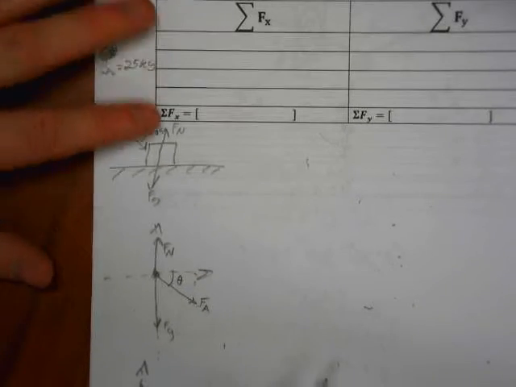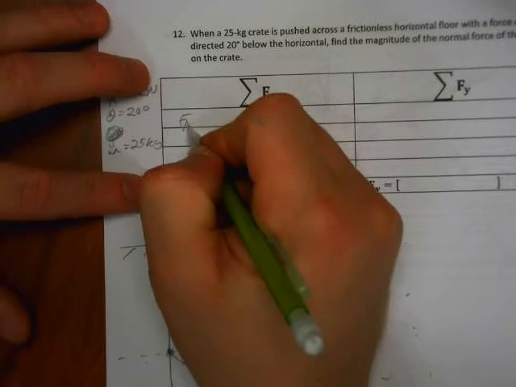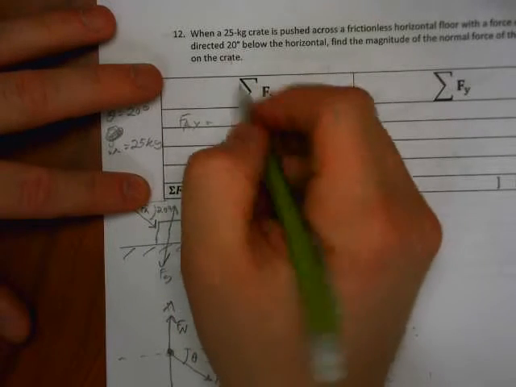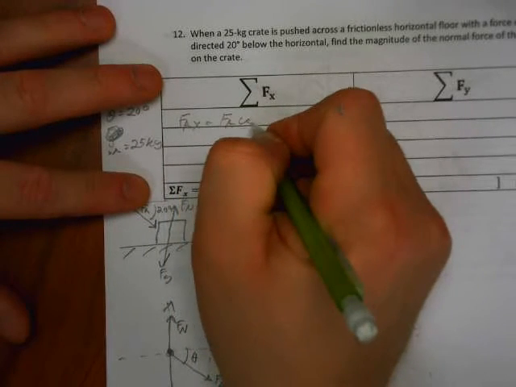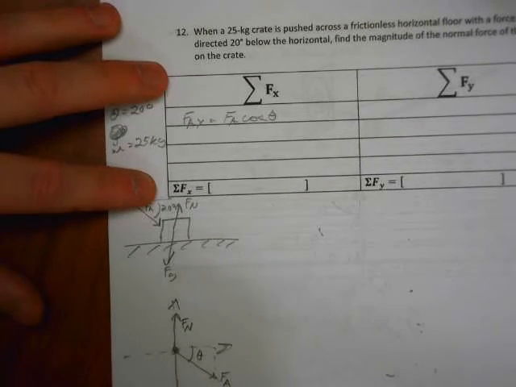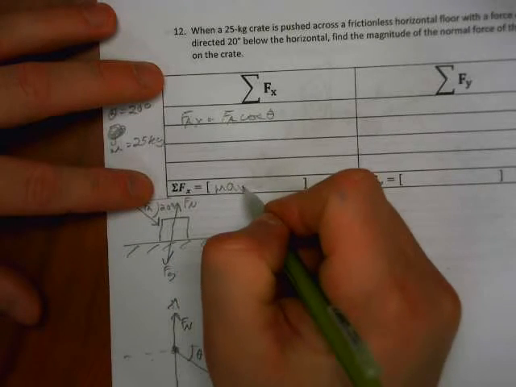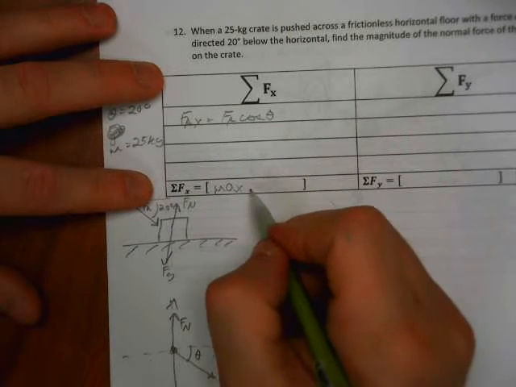So let me list my forces. In the x direction, all I have is Fax. And the sum of the forces in the x direction is equal to mass times the acceleration in the x direction.